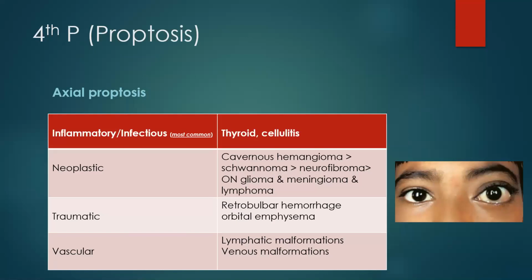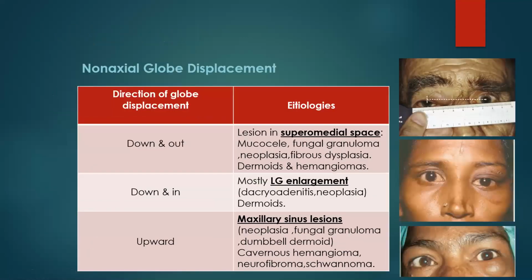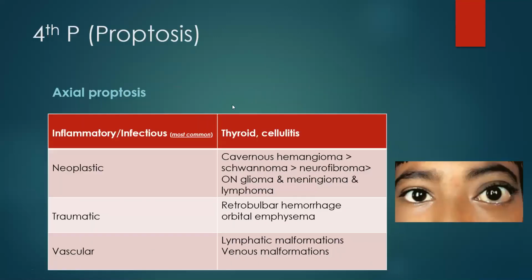The fourth P is proptosis. So proptosis can be axial or non-axial. In axial proptosis, we also have to classify it into inflammatory, neoplastic, traumatic, and vascular. And inflammatory or infectious, it's mainly thyroid and cellulitis. It's the 2 most common causes.